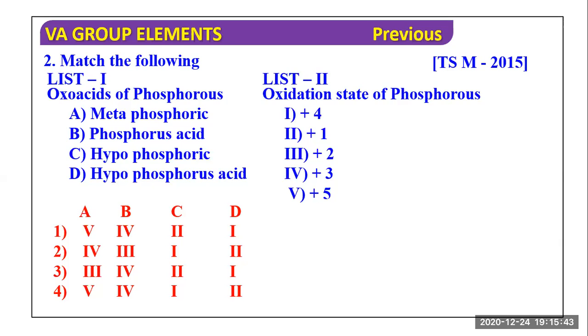A, metaphosphoric acid: its oxidation state on phosphorus is actually +5. B, phosphorus acid: the oxidation state of phosphorus is +4.